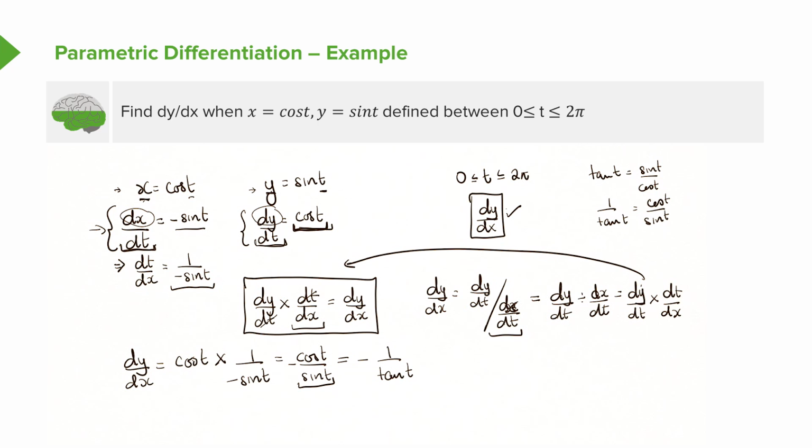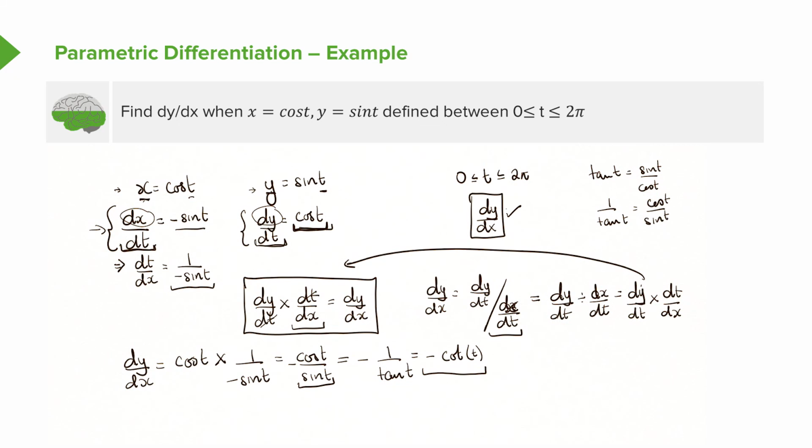And if you really try and remember hard, you will remember that 1 over tan is the same as cot of t. Got too many t's going on. So what we've done here is actually found what dy by dx is. The gradient dy by dx is minus cot t, just by using parametric differentiation.